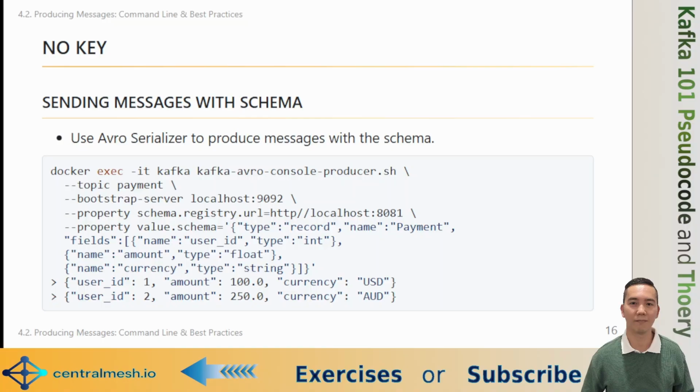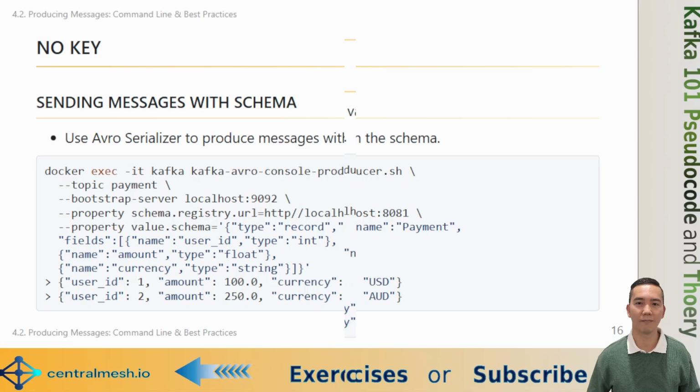Next, we define the Schema Registry URL using the --property schema.registry.url option. This ensures the producer knows where to validate and store our data. The schema itself is defined inline using the --property value.schema.